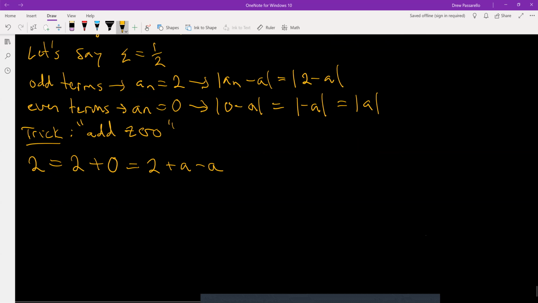So the absolute value of 2 is equal to the absolute value of 2 plus a minus a.